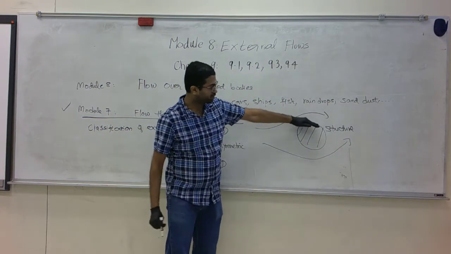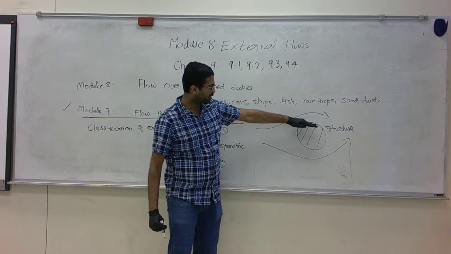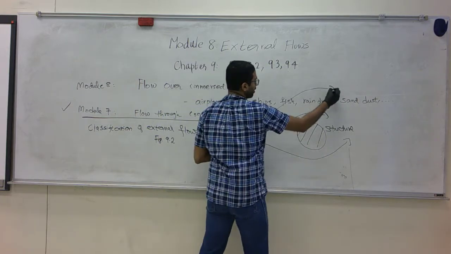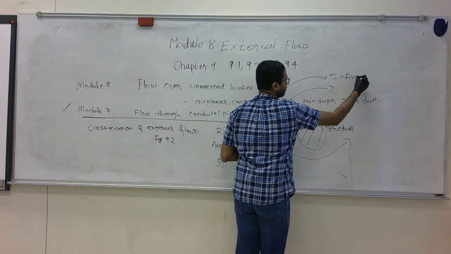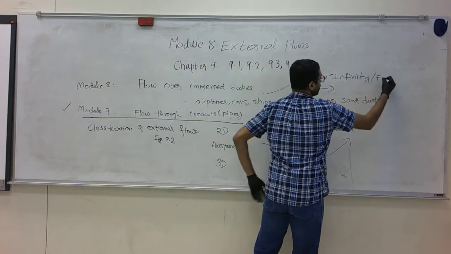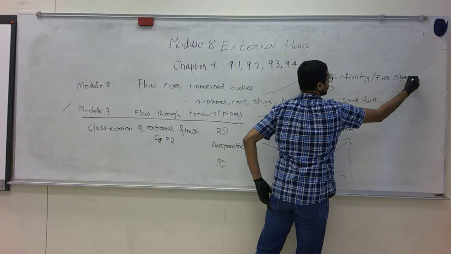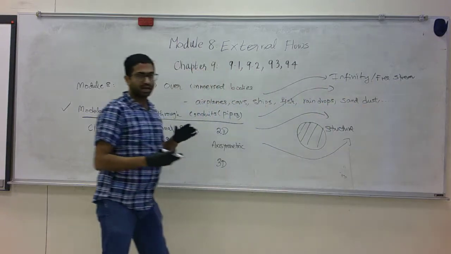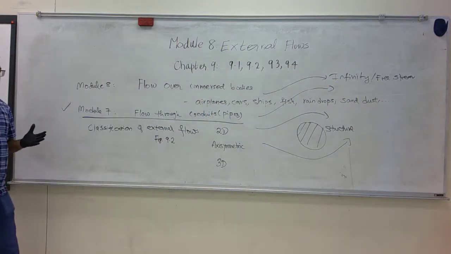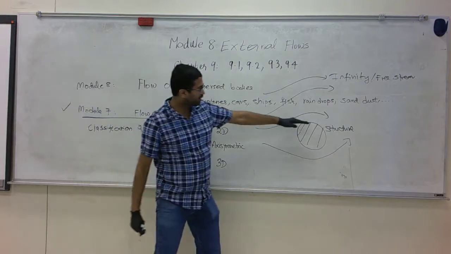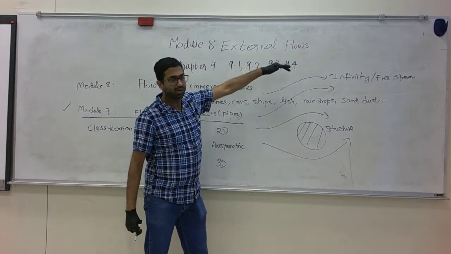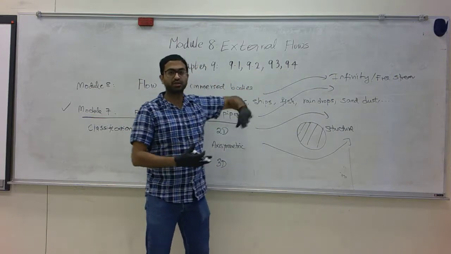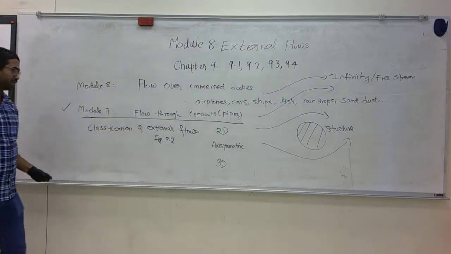On one end it is in contact with the structure, and the other end is usually infinity or free stream. That is, they are semi-infinite flows where one side is finite, it is in contact with the wall, and the other side is unbounded or merges into the free stream eventually.